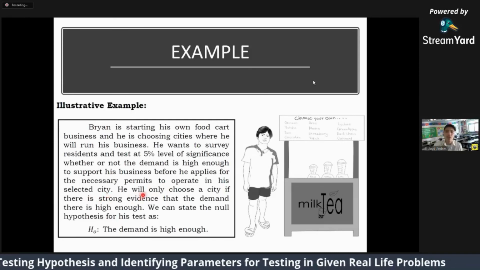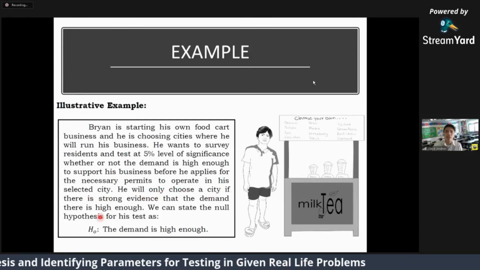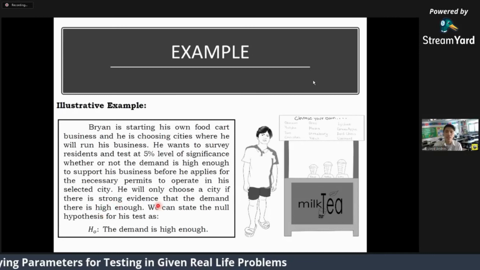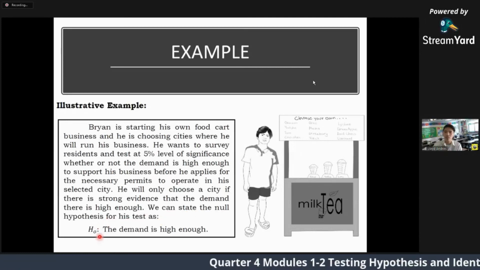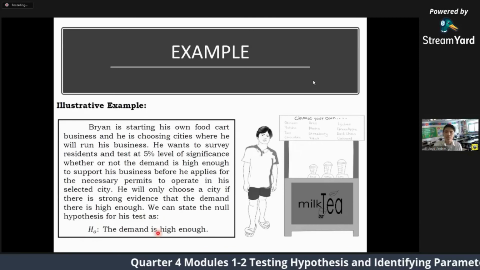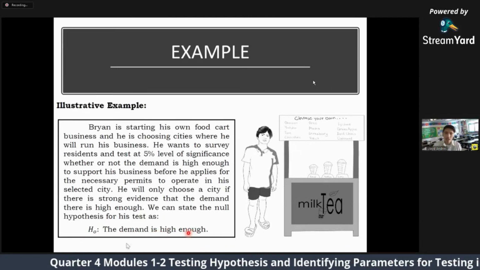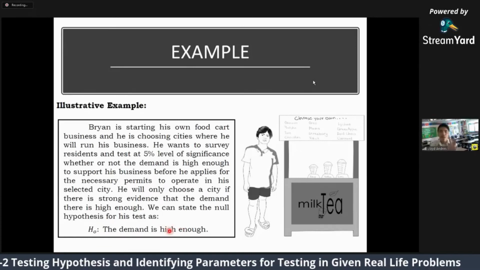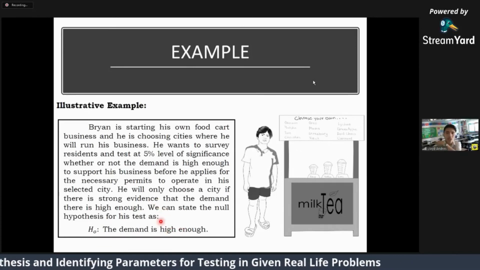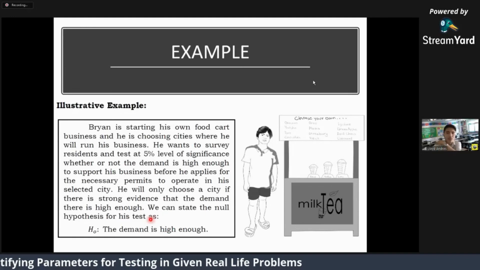He will only choose a city if there is strong evidence that the demand there is high enough. We can state the null hypothesis for the test as: the demand is high. So the null is high, since the demand there is high. The alternative is that it is not high.